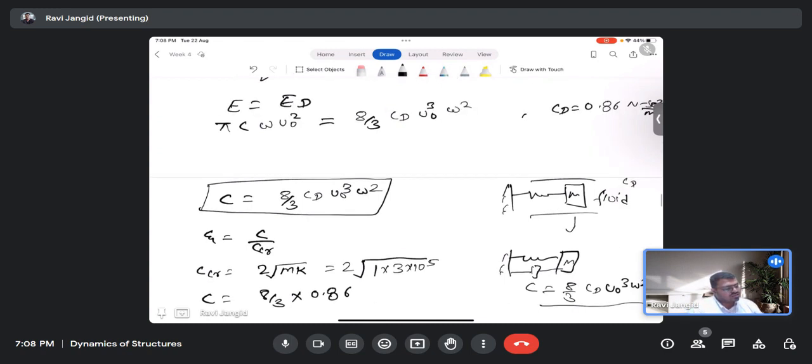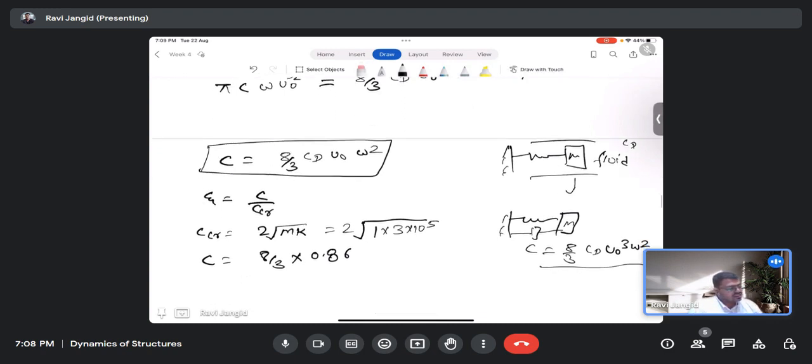Sorry, here one power will cancel out, so that becomes only u naught, 0.86 into u naught into omega square. Omega square is given to me because the frequency is given here. Omega is the omega n directly. So my omega n is root of k by m.